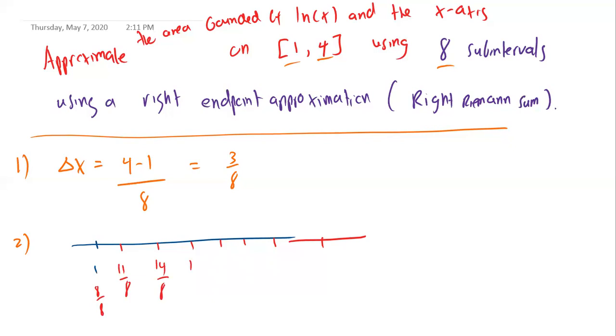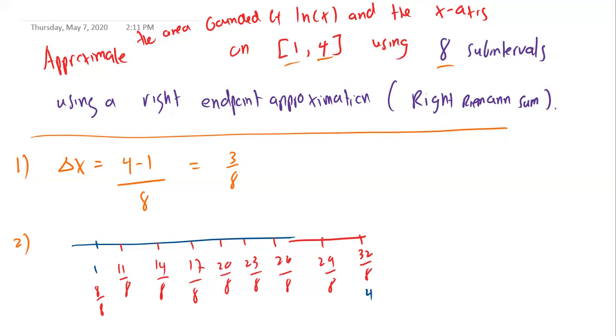Plus 3/8 is 17/8. Plus 3/8 is 20/8. So that's where I made my mistake. Then 20/8 plus 3/8 is 23/8. Plus 3/8, 26/8. Plus 3/8, 29/8, and then I make it to 32/8, which is the same as 4.